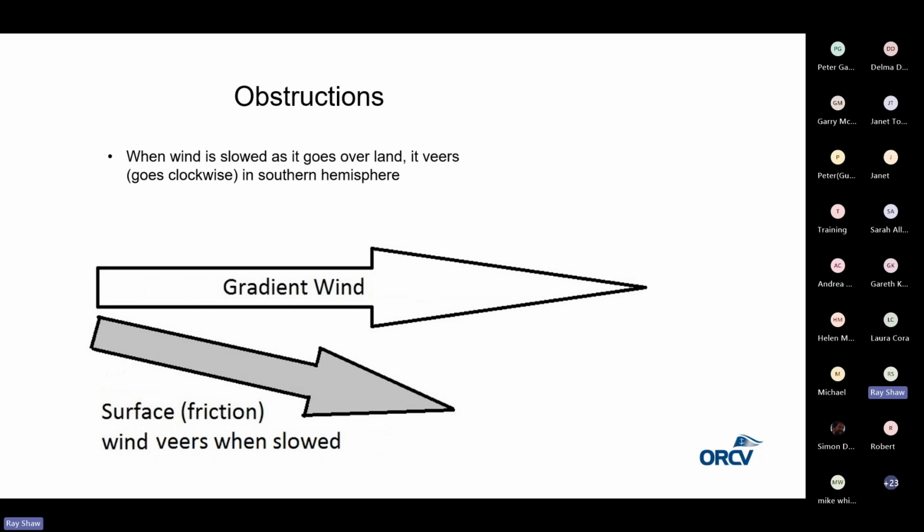And in the southern hemisphere, if the wind slows down, the wind will move to the left. It'll veer, as I've shown here in this graph. If the normal wind is in this direction, with surface friction, if air moves over land, it will slow down and it will cause the direction to change in a clockwise direction.